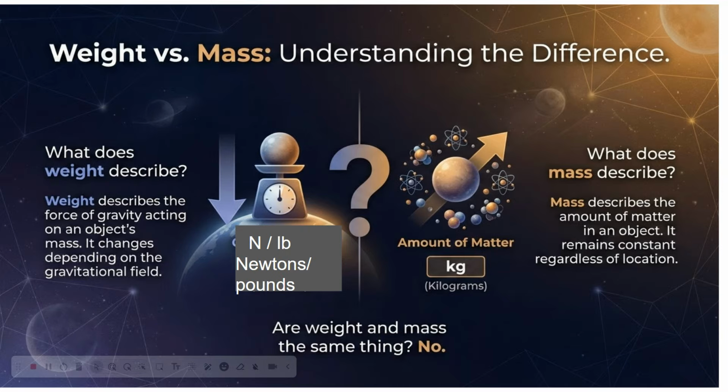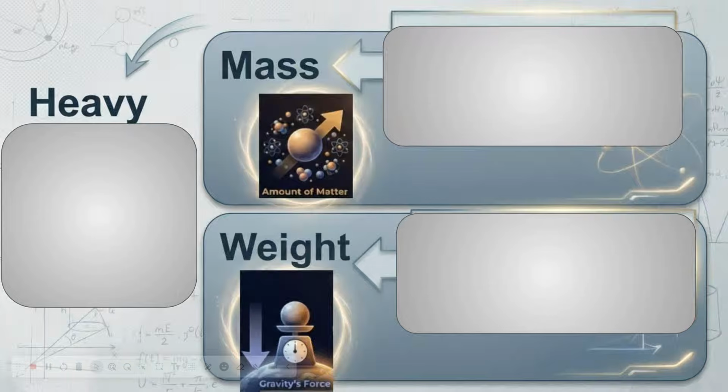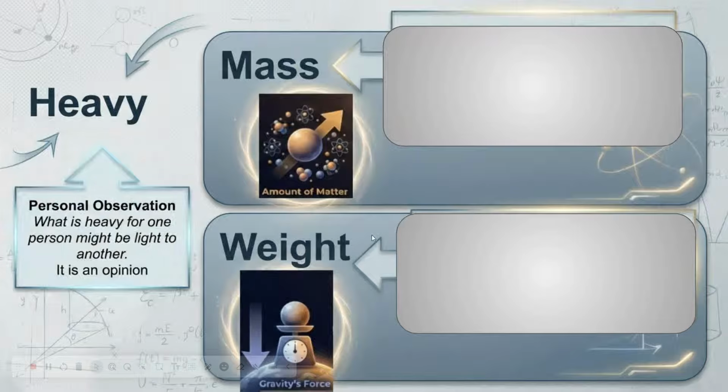But on Earth, they are the same thing. Because on Earth, the force of the Earth's gravity overpowers everything else, and they are the same. So they aren't the same, but on Earth they're the same. In science, they are not. In science, we are going to talk about mass and not weight. Okay. We also aren't going to use the word heavy when using measurements, right?